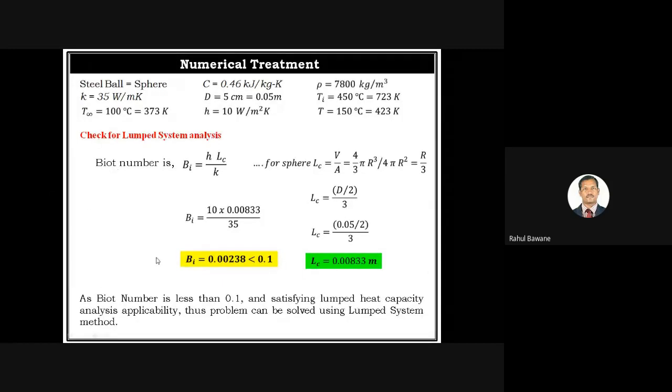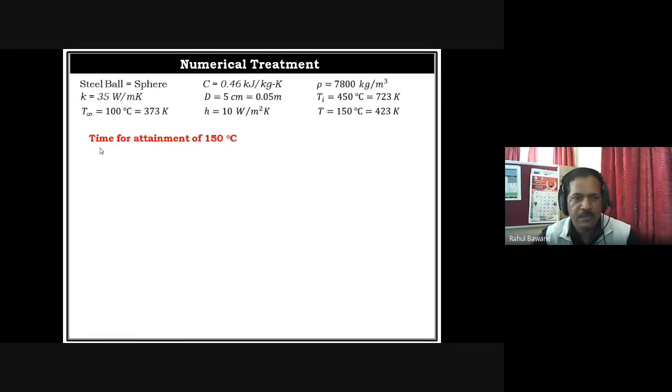Now we come to the conclusion that Biot number is less than 0.1 and we can go with the lumped heat capacity analysis method. Now for lumped heat capacity analysis method, we know the formula. All the data is given in temperature form, so we will use this. Again, they gave data in h, rho, Lc, C format, so we will use this form. Otherwise, we will go for Biot number, Fourier number format also.